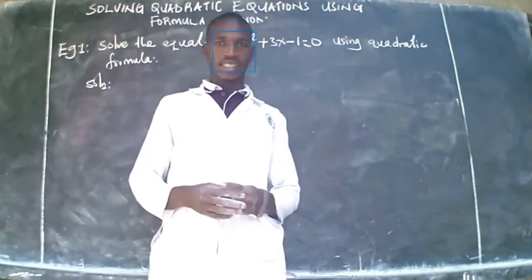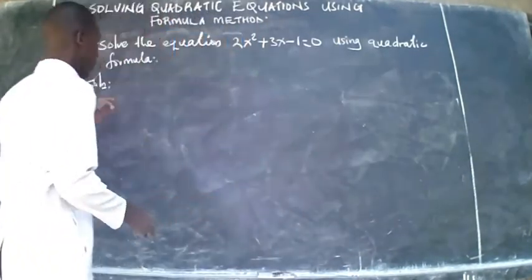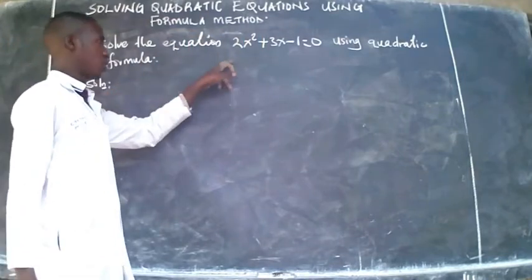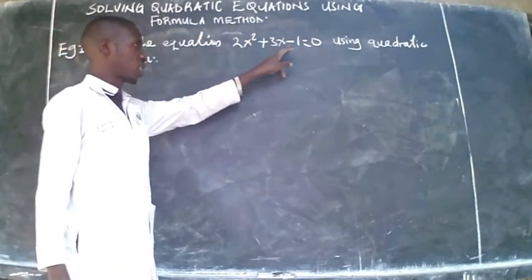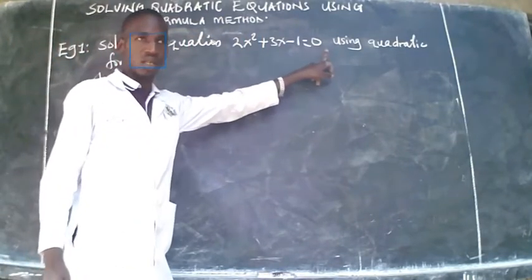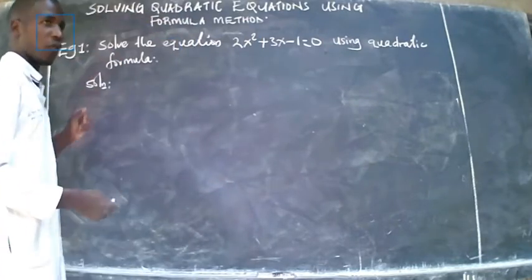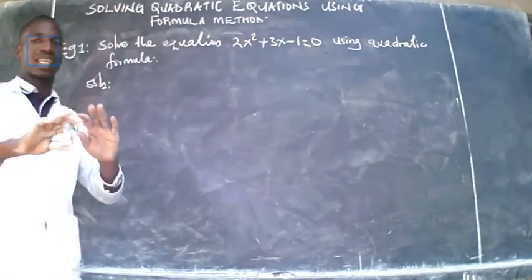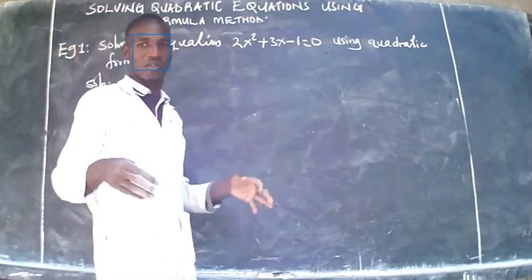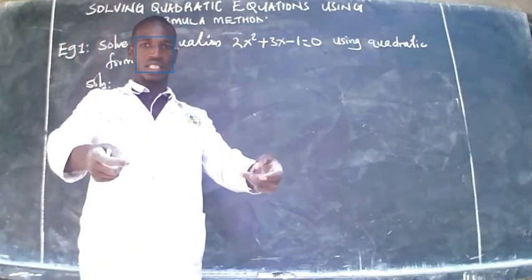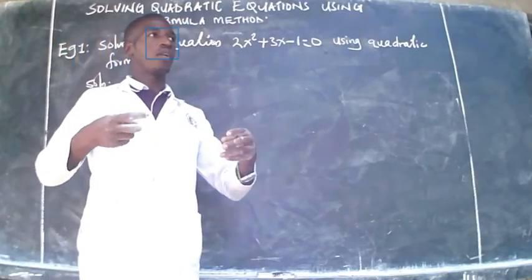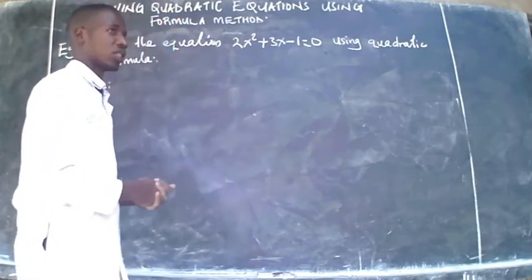Let's look at example number 1. Example number 1 says, solve the equation 2x squared plus 3x minus 1 equals 0 using the quadratic formula. It's all that simple. When you have to use the quadratic formula, I told you, you just need to quote. You don't need to derive. You just do the quoting.